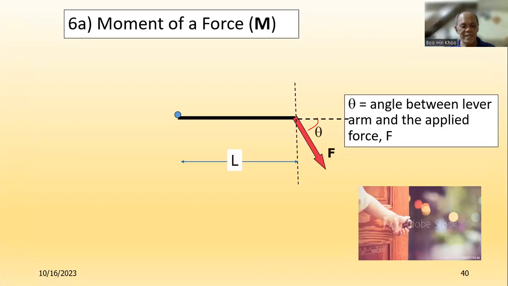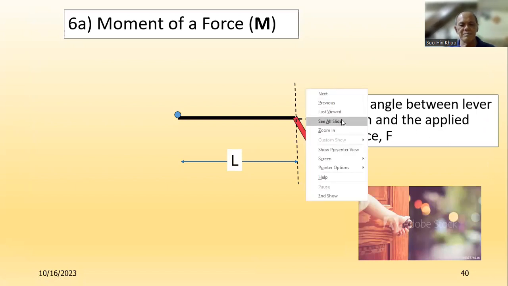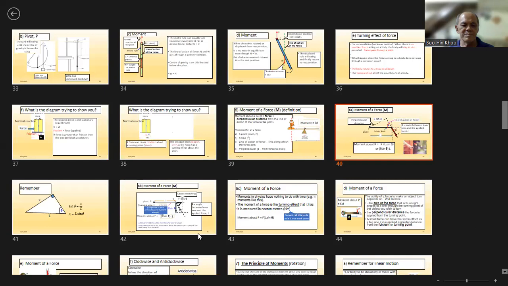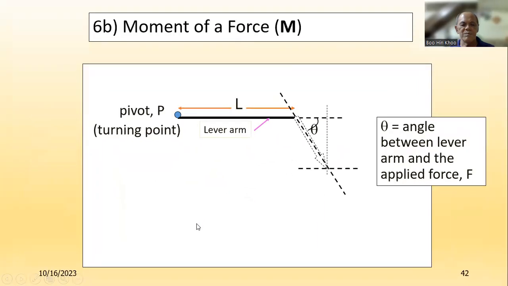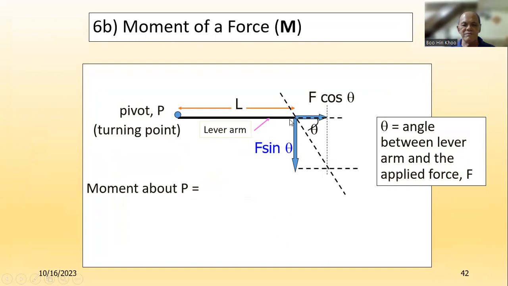And if it is at an angle, we just resolve the force into its components: the perpendicular component to the lever arm, and the parallel component to the lever arm.